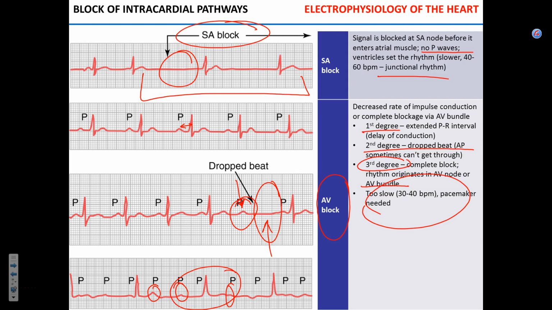So in this case, atria, do they contract rhythmically? Yes. Your ventricles, do they contract rhythmically? Sure. Rhythms do not match. But you have two separate rhythms. It's not fibrillation yet. Okay?